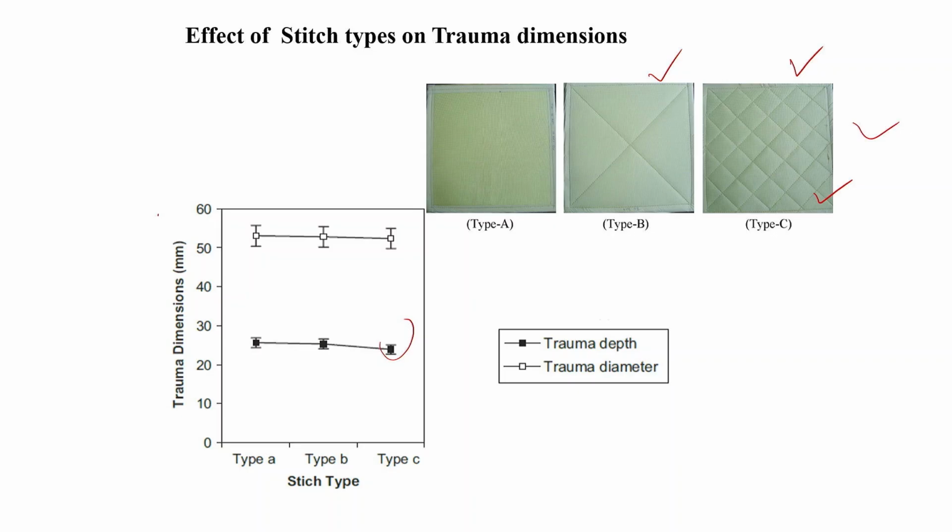That is due to the proper grip, as the number of stitches is more, so free layers are less. In that case there is proper transmission of load from one layer to another, because this structure is much more intact than other structures. That is why there is a slight reduction in trauma dimension.